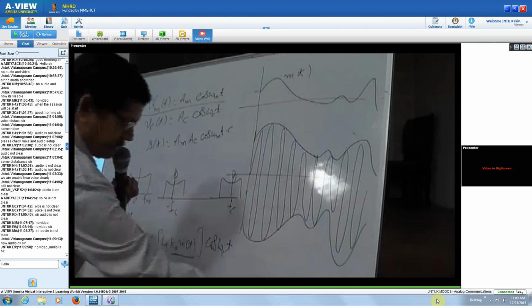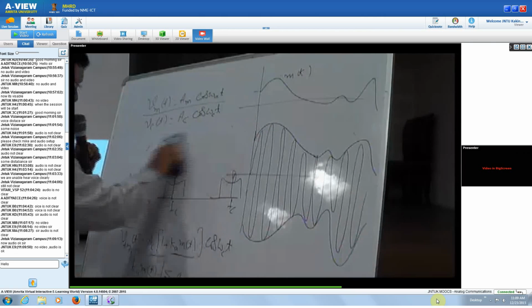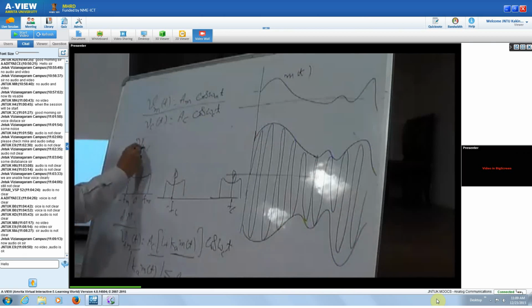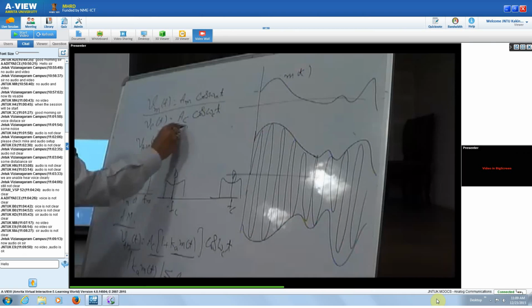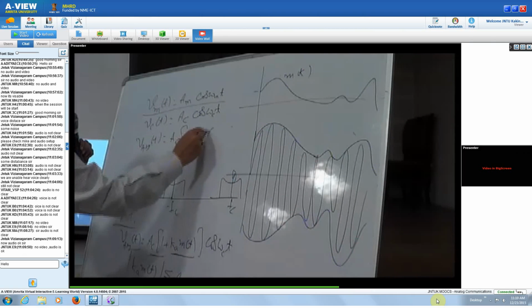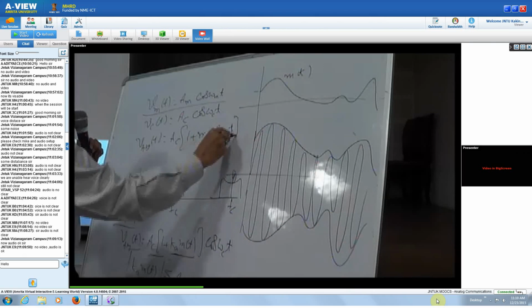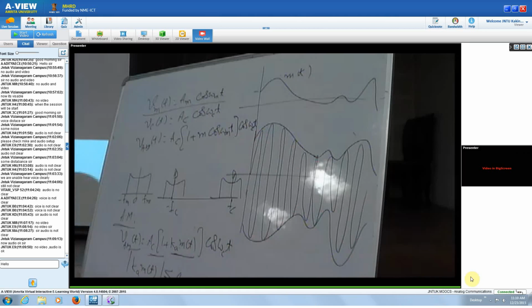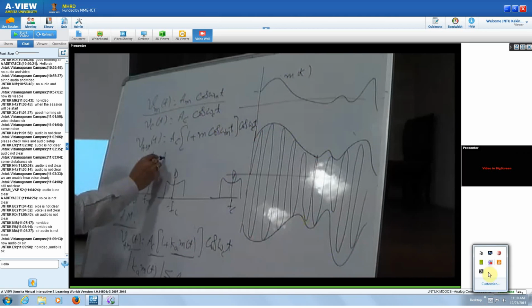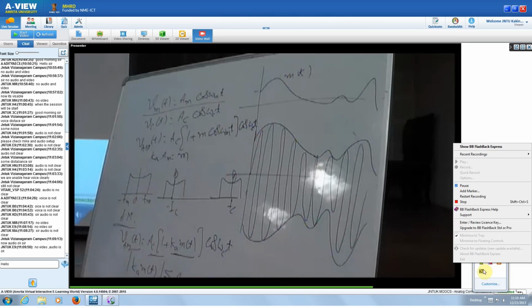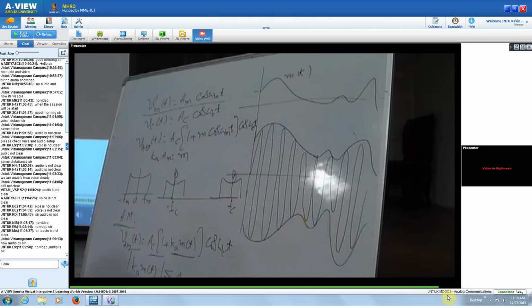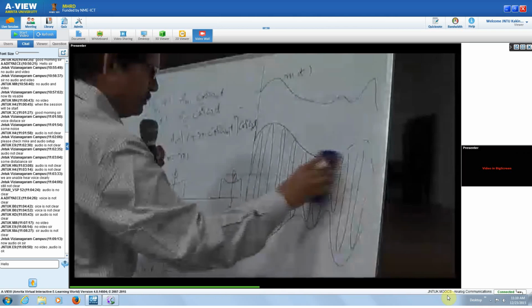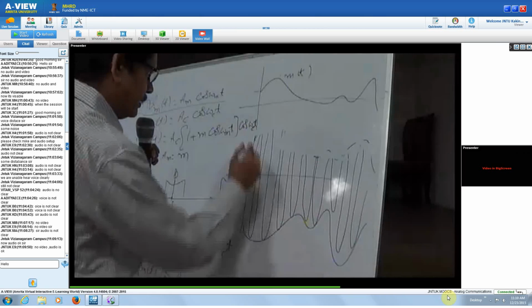Then your AM signal will be, for the single tone, A_c cos omega_c t plus k A_m cos omega_m t into cos omega_c t, where k into A_m will be equal to m, the modulation index.